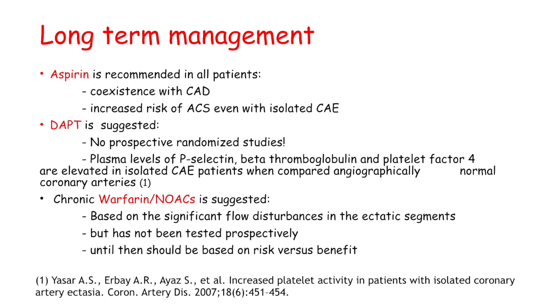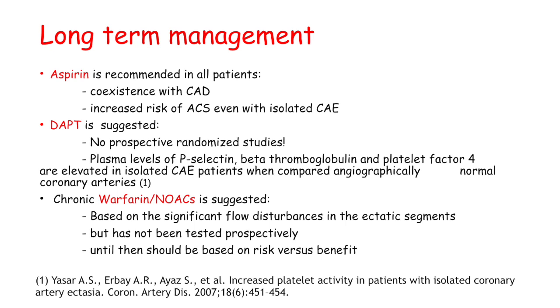Dual antiplatelet therapy is suggested. There are no prospective randomized studies to show that they do better than other patients, but there is evidence to show that there is increased platelet activity in patients with coronary ectasia. And because of that evidence, you can use that as a way to justify adding a second antiplatelet therapy for somebody with coronary ectasia.